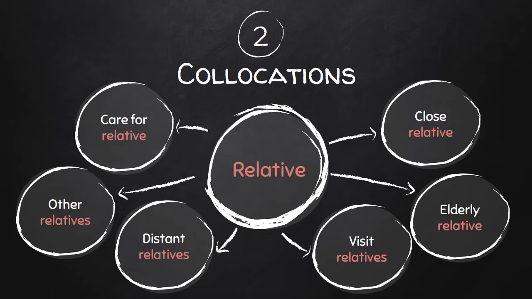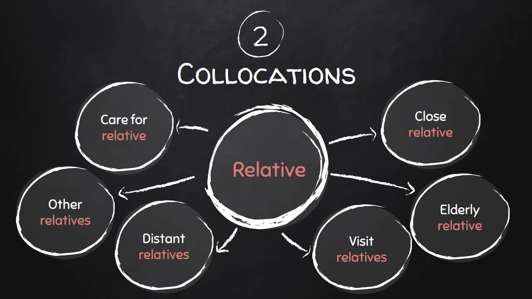Distant relatives are your family members that are far away from you, not in terms of how far away in the country they are, but from you in your family. So, for example, my mother's cousin's son could be an example of a distant relative. On the other side, close relative.